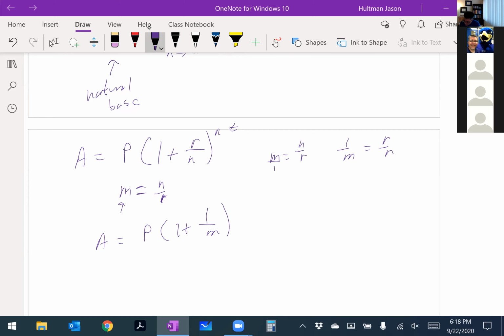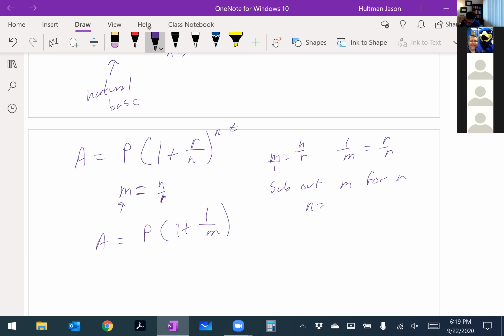To the nt power, but I want to get this in terms of m and not n. I'd like to sub out m for n. I don't want to have any n's, I just want to have m's. And there's a reason that we're going to do this, and it will turn out really nicely in the end. So what is n equal to?